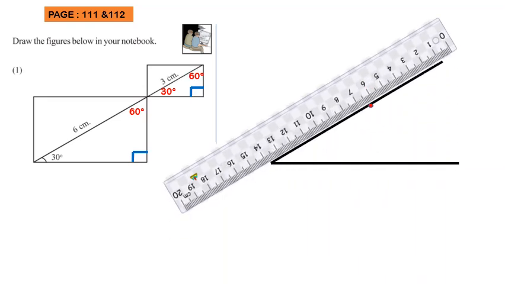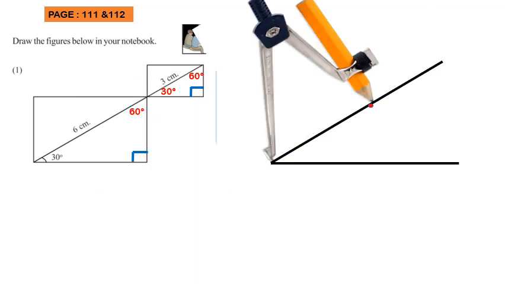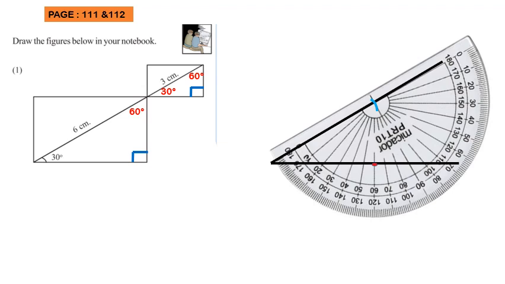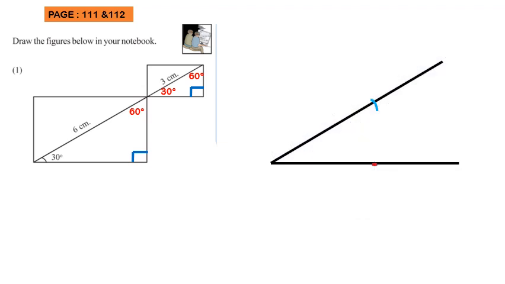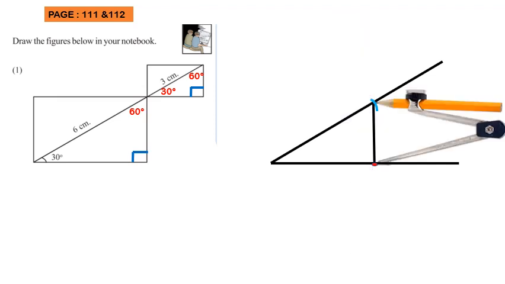Then take a compass and adjust its width to 6 cm. Then draw an arc on the slanted line. Then again use a protractor and mark a 60-degree angle. Then join this point by using a ruler.